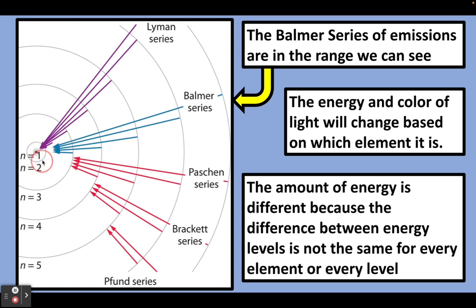The second one is energy level number 2, this third one is energy level number 3, then energy level 4, energy level 5, and then we have 6 out here and 7. So we have 7 energy levels being represented here.